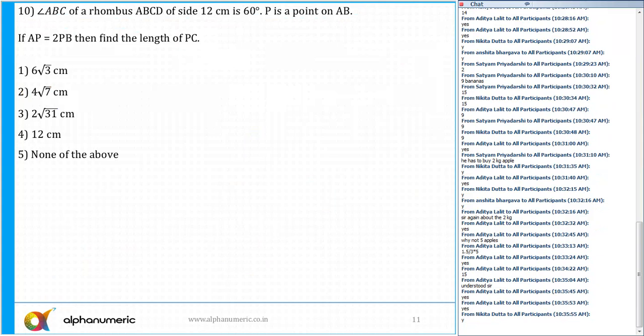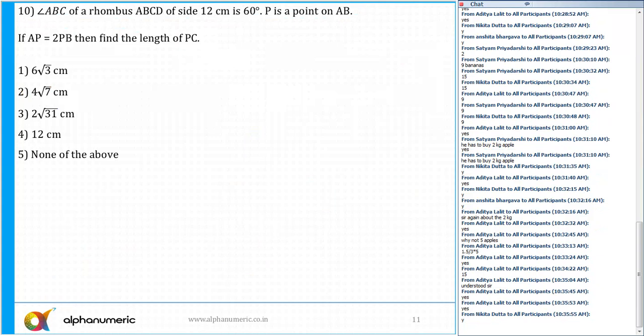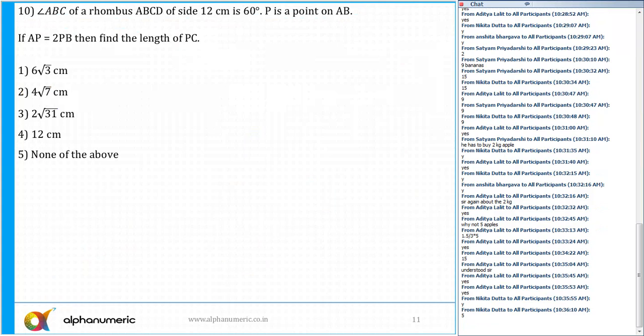Okay, question number 10. What is the answer of question number 10? Angle ABC of a rhombus ABCD.